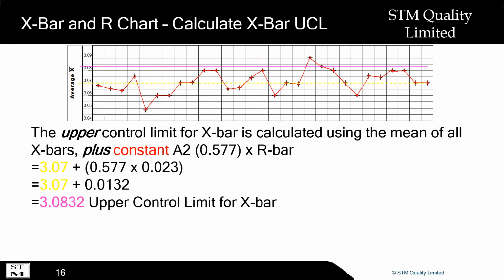The upper control limit for x bar is calculated using the mean of all x bars plus constant A2, which is 0.577, multiplied by R bar. So for this particular graph, we can see that's equal to 3.07 plus 0.577 times 0.023, which is equal to 3.07 plus 0.0132, and that gives us an upper control limit for x bar of 3.0832.